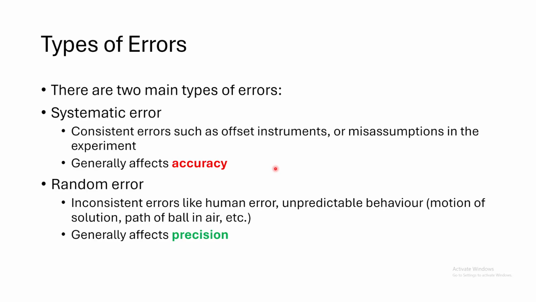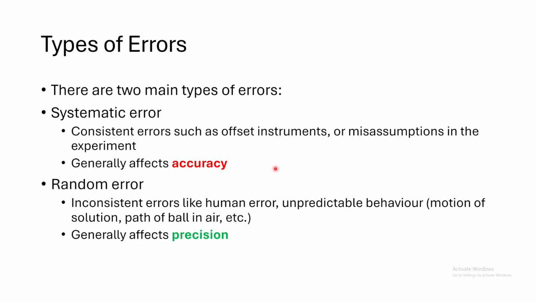But systematic errors are defined as consistent errors such as offset instruments or misassumptions in the experiment. So these are errors that essentially shift the experiment away from the theoretical goal by one consistent step.